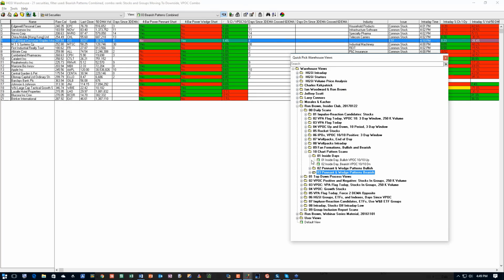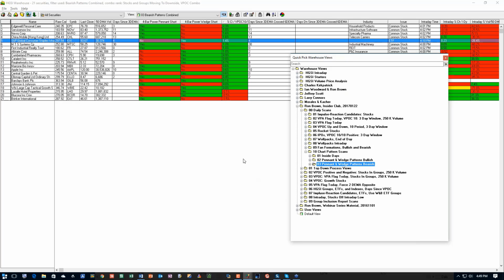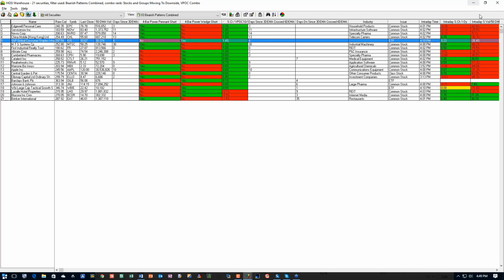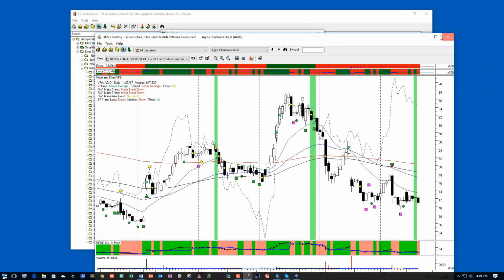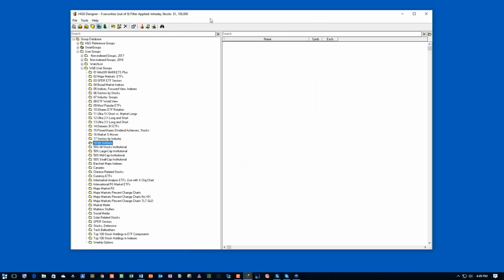One more thing that I want to talk about is for those of you who are in the Insider Club. In the Designer, I had you build or add a folder, and it's called My Smart Groups. And there's a reason for this.